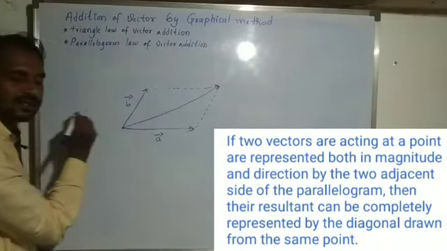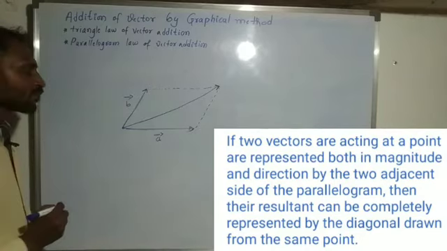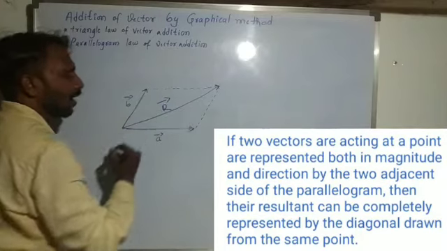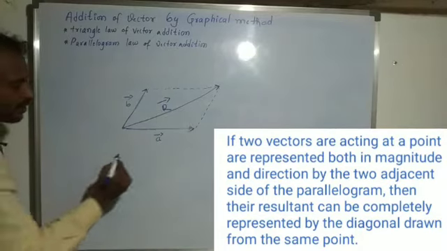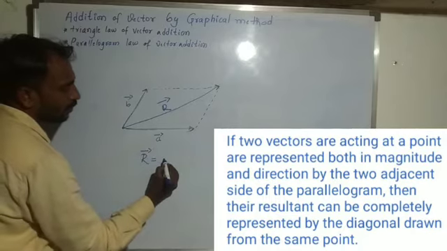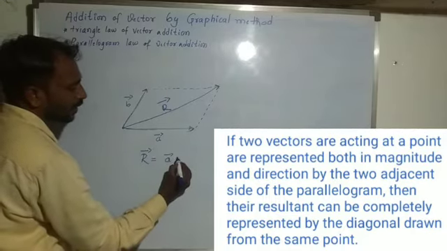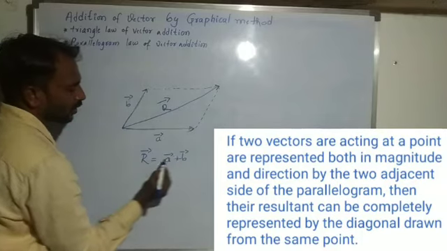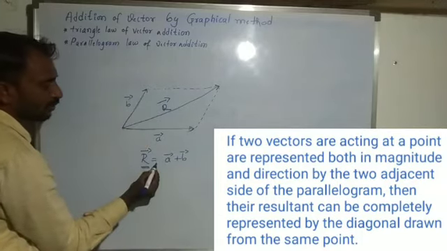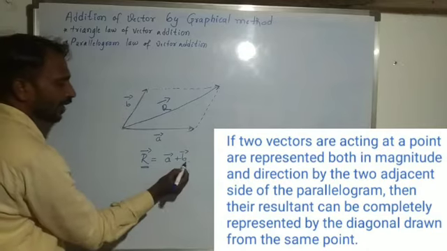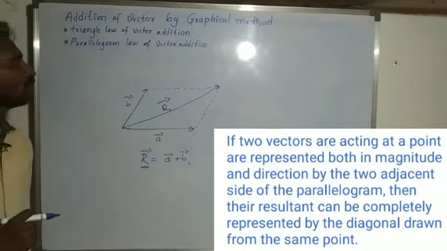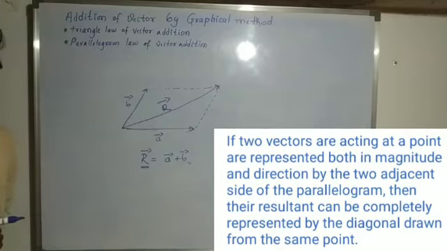We consider this vector R. So resultant vector R is equal to vector A plus vector B. This is the parallelogram law of vector addition.